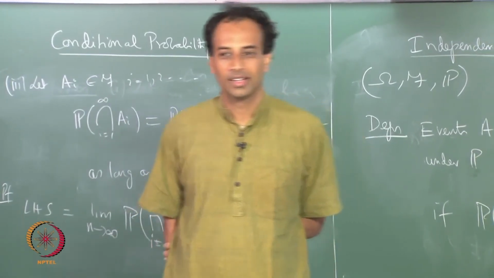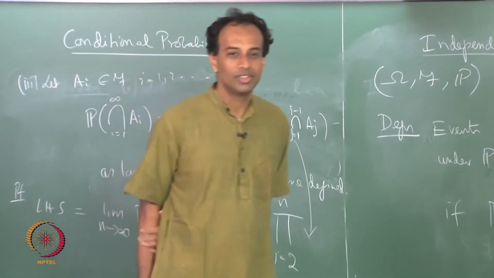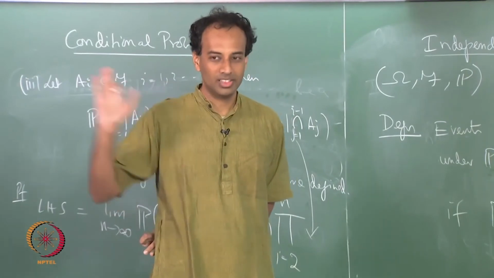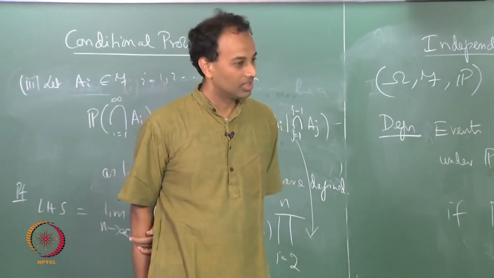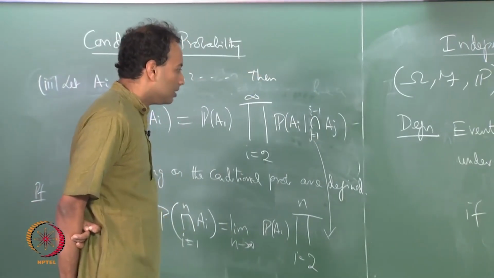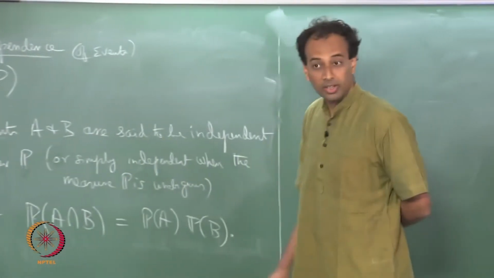All that is misleading, okay. Do not take any of that. So, you should always just keep this definition: probability of A intersection B is equal to probability of A times probability of B, then A and B are independent. So, this is the definition.